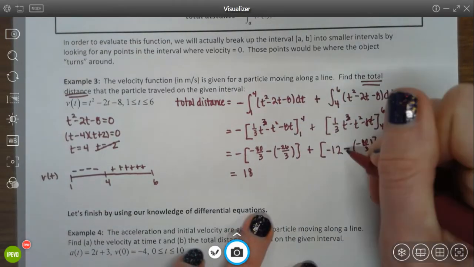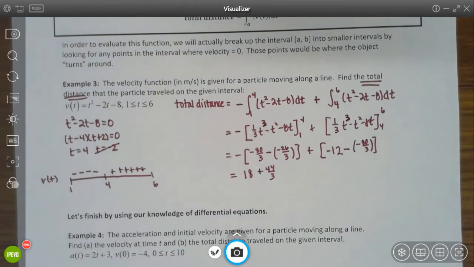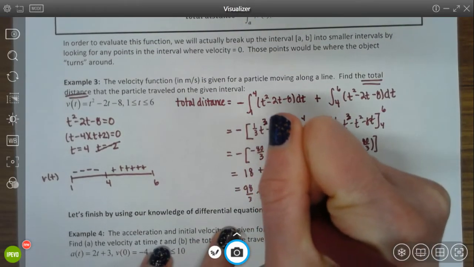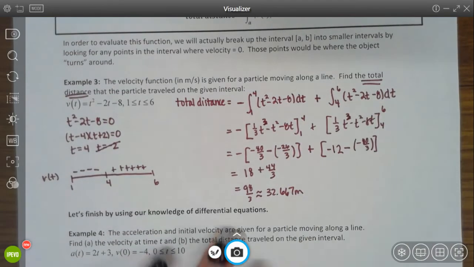Really couldn't read my writing. So this all works out to be 44/3. And if we put those two pieces together, 18 plus 44/3 altogether gives me 98/3, or about 32.667 meters.